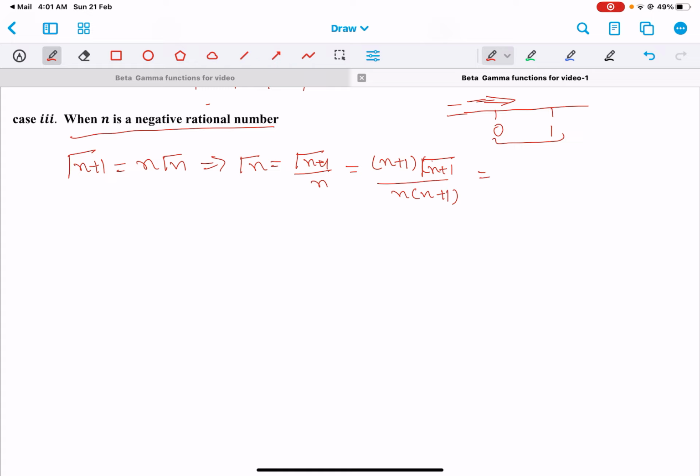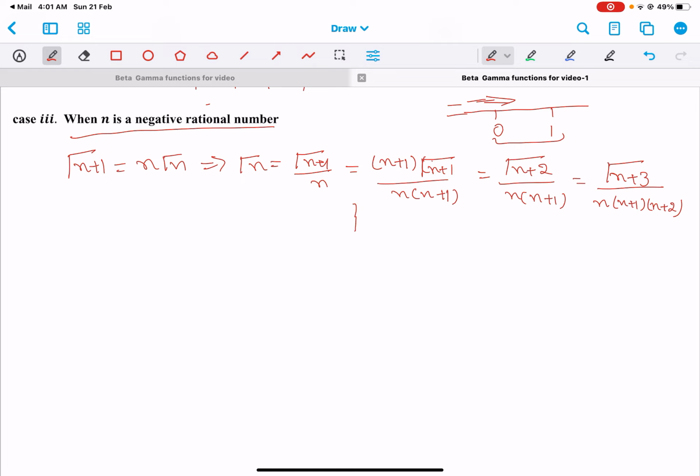So this is nothing but gamma n plus 2 upon n into n plus 1. Similarly, this is nothing but gamma n plus 3 upon n into n plus 1 into n plus 2.